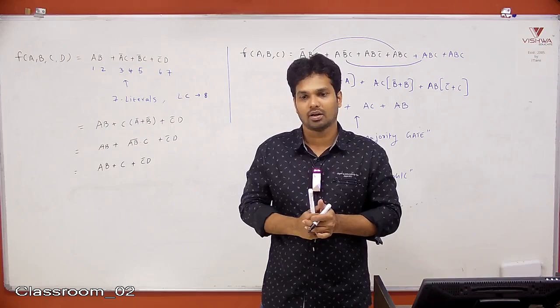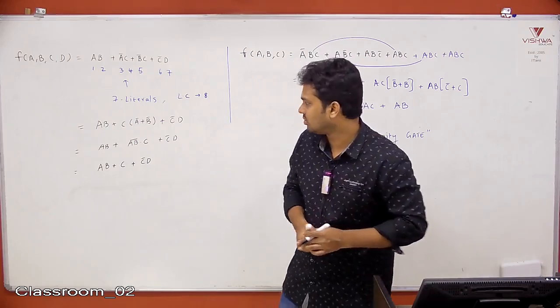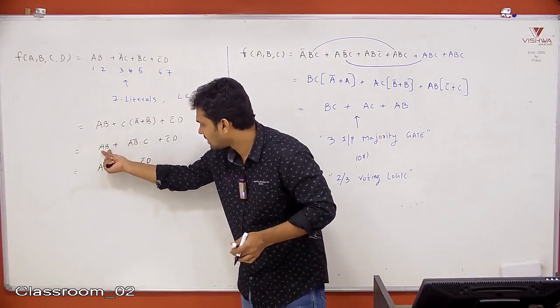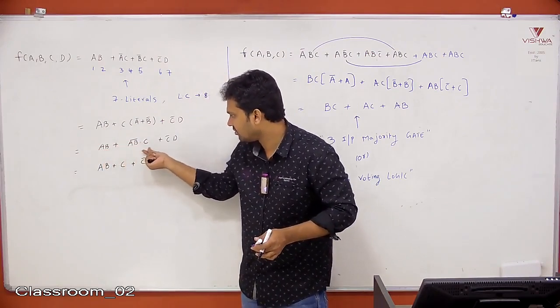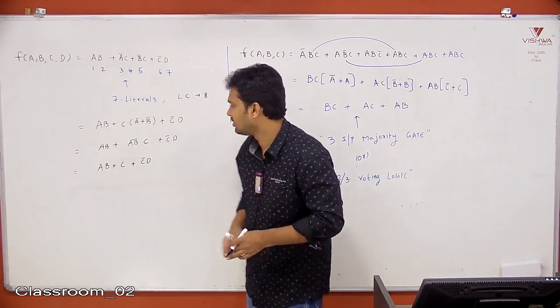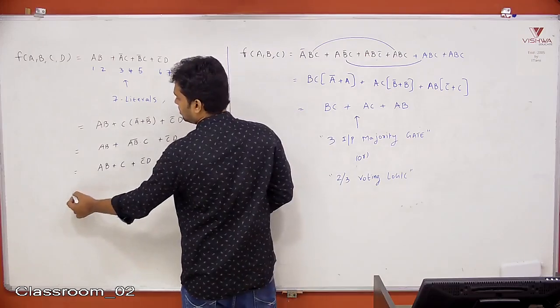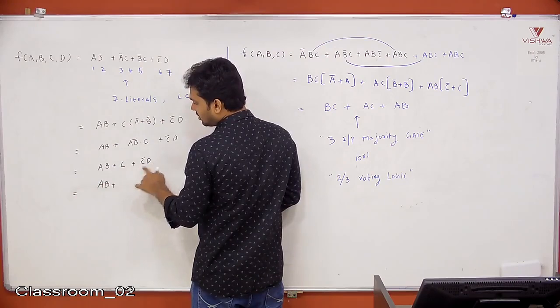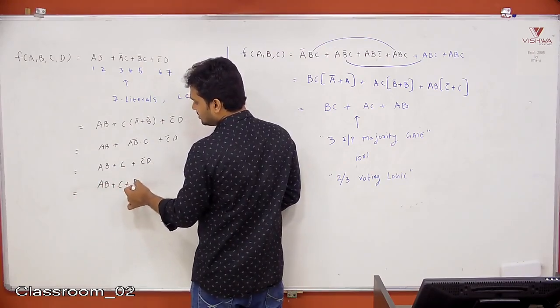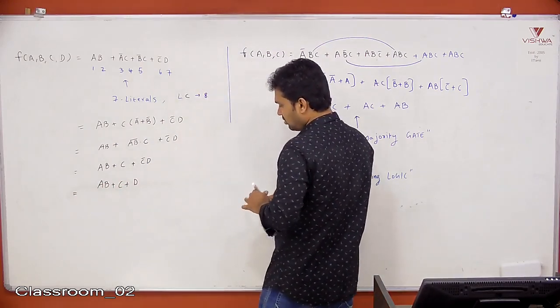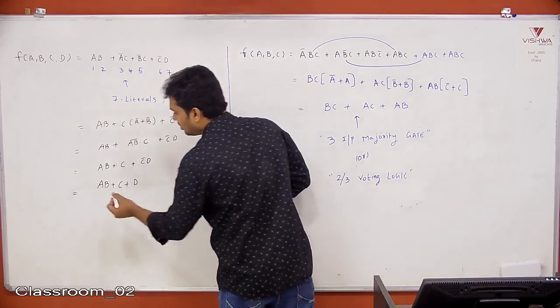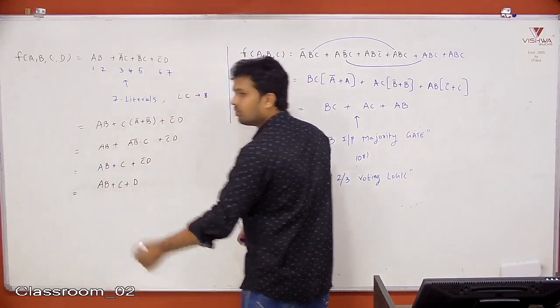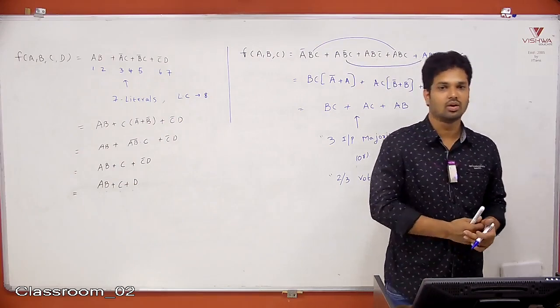A plus A bar B is equal to A plus B. So here take it as X plus X bar Y is equal to X plus Y. Now AB plus C plus C bar D, which is equal to C plus D. So you can count the number of literals. How many? 1, 2, 3, 4 literals. Okay, copy it.